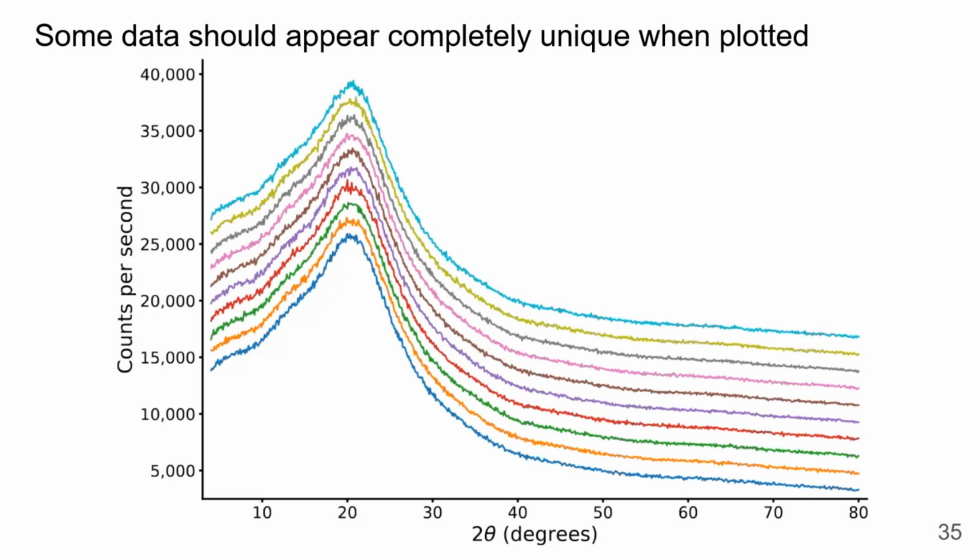So here is a collection of 10 X-ray diffraction patterns that I got from my own university, Northwestern's X-ray diffraction core, where these are all the same sample taken on the same instrument, minutes apart from each other, under the same parameters. And yet, all 10 of these traces are unique.